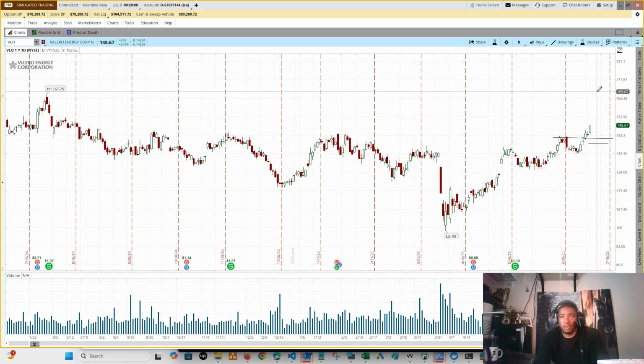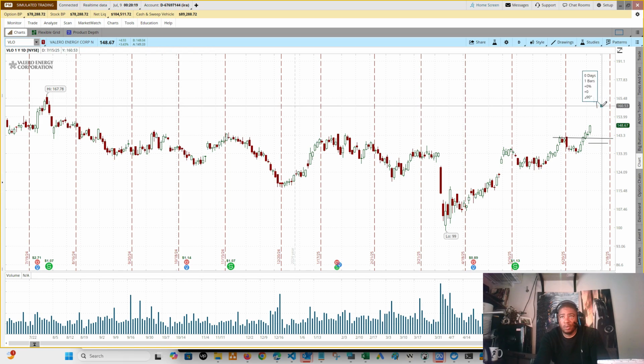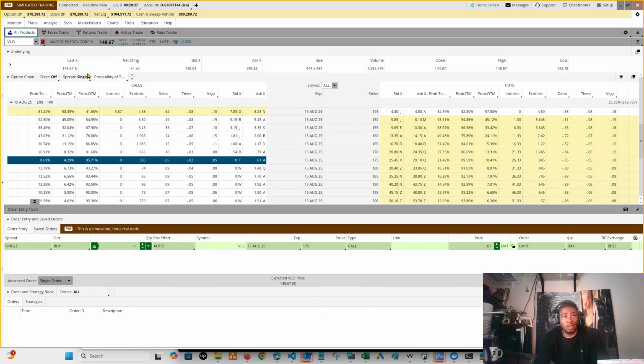But if it goes above here, then I'm looking for 3 black crows. 1, 2, 3. Red means stop, I'm out, right? But this is a good classic trade just to buy. So that's what I'm going to do. I am going to trade. I'm going to go here and buy the stock.